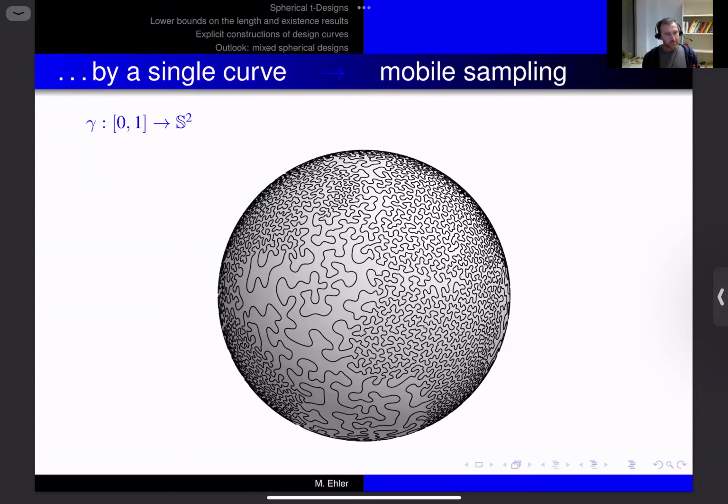So in some sense, with points, we would like to approximate, let's say, a density or the probability distribution on the sphere. And with a curve, we do actually the same. We would like to find a curve that follows the density of a probability distribution.